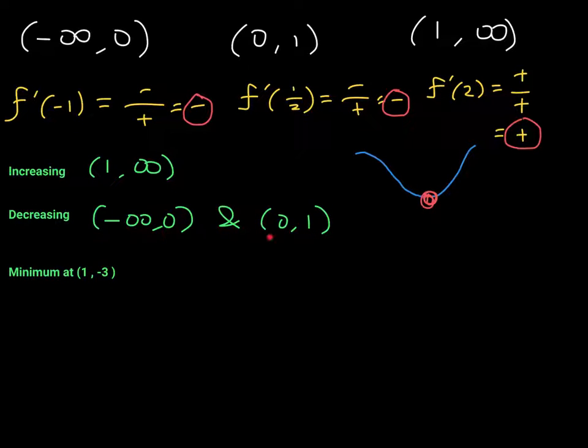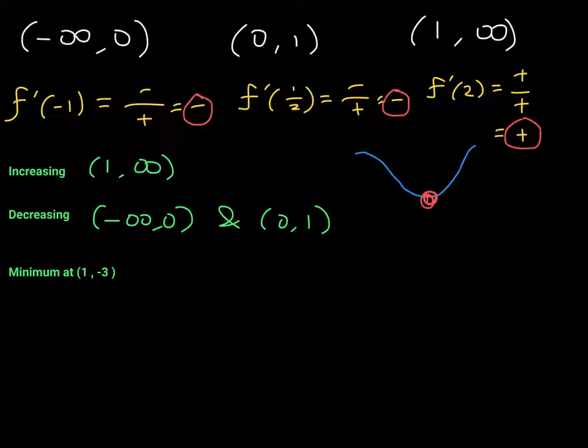The reason why there's two intervals here is because at 0, the derivative function is undefined at that value. But anyway, it's decreasing from negative infinity all the way to 1, and then it's increasing from 1 to infinity. So this is both a local and an absolute minimum.